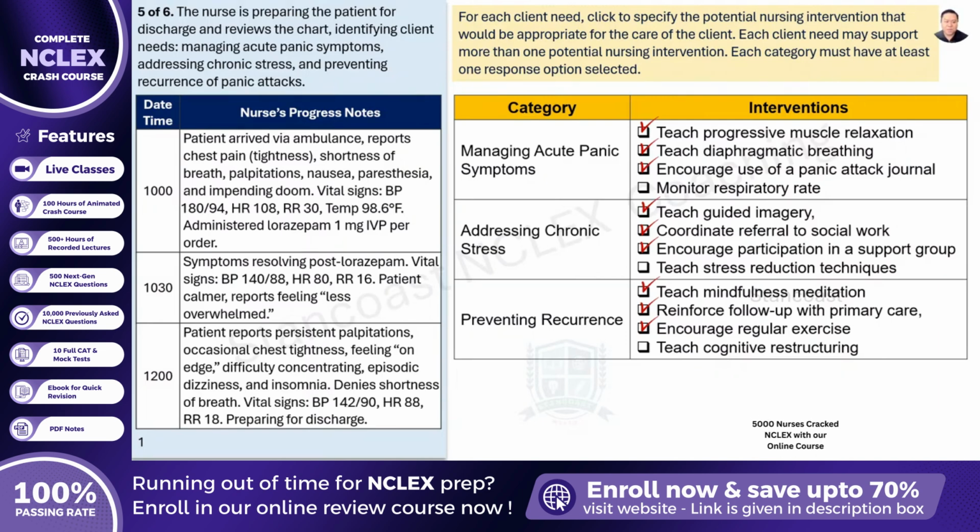So you'll often see this type of question where all options seem helpful, but your task is to pick the most appropriate intervention based on the timing, the scope of practice, and the specificity.